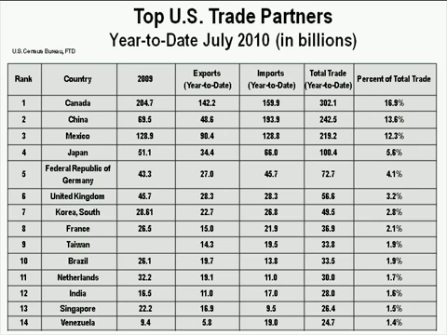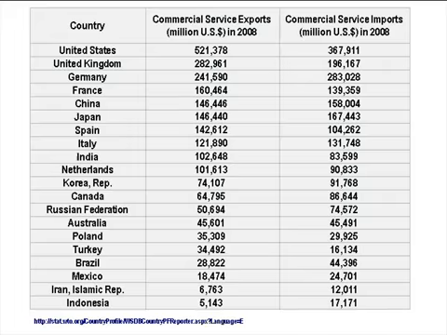Canada, China, Mexico, Japan, Germany, UK, Korea, France, Taiwan, Brazil, Netherlands, India, Singapore, and these are our largest partners. It doesn't mean that you can't sell to other countries, but that only shows the largest markets we have.